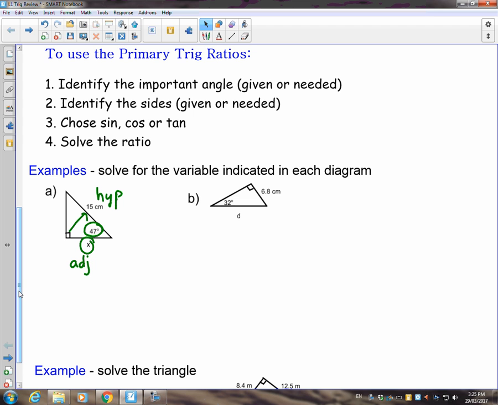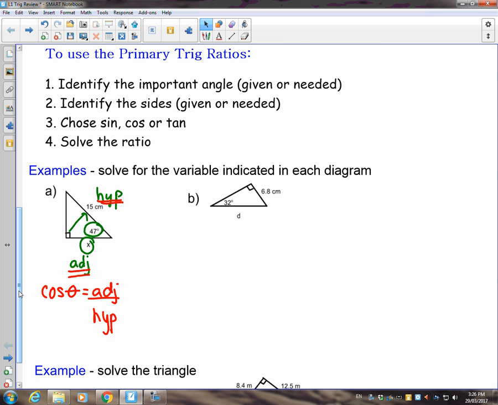So now that I've labeled everything and identified it, I know the formula I have to use has adjacent and hypotenuse in it. And the one that uses adjacent and hypotenuse is cosine, because cos of an angle is the adjacent side over the hypotenuse side.